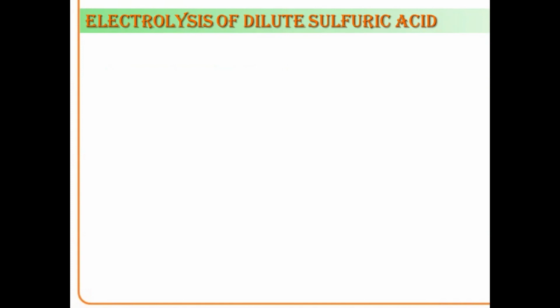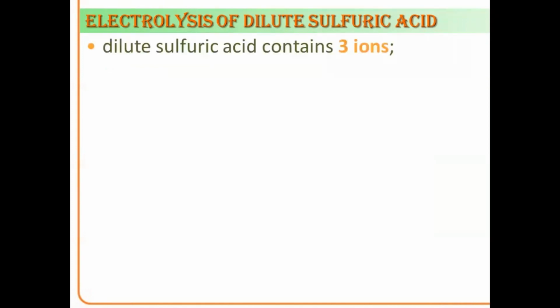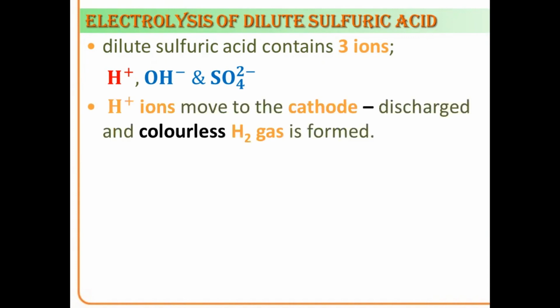Let's start with the electrolysis of dilute sulfuric acid as an example. Now, dilute sulfuric acid contains three ions. We have the hydrogen ions and the hydroxide ions. You'll understand the hydroxide ions coming from water. The hydrogen ions are coming from the dilute sulfuric acid and from the water. And then the sulfate ions are coming from the sulfuric acid itself. Now, the H+ ions move to the cathode.